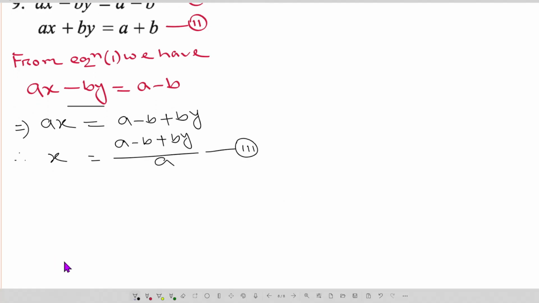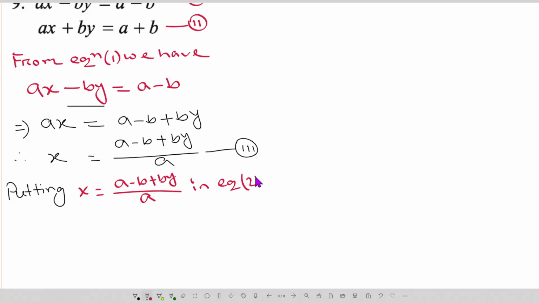This equation 3, it means putting x equals (a minus b plus by) divided by a in equation 2. Equation 2 is ax plus by equals a plus b.